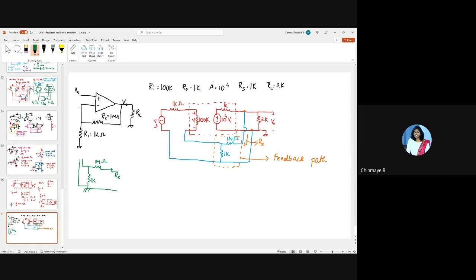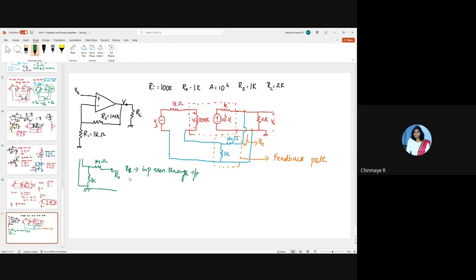When something is connected in series, you leave these 2 points open when finding the impedance through the output path. So now can you tell me what's the impedance seen through this? What is the impedance Rx? This is the impedance seen through the output.